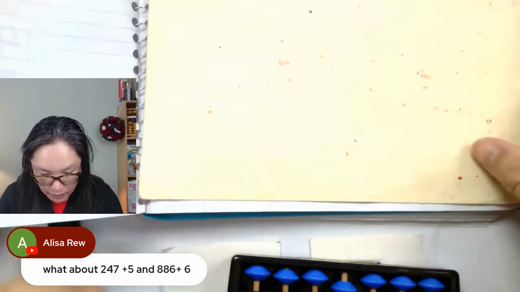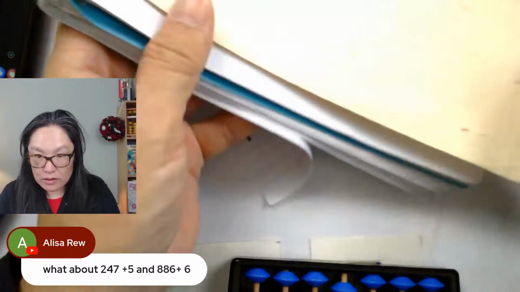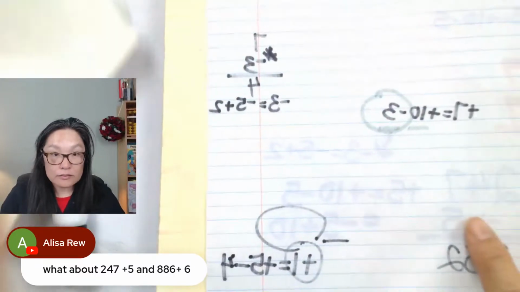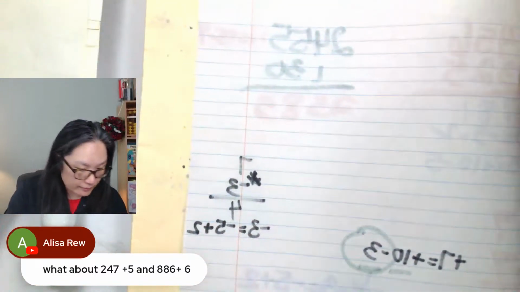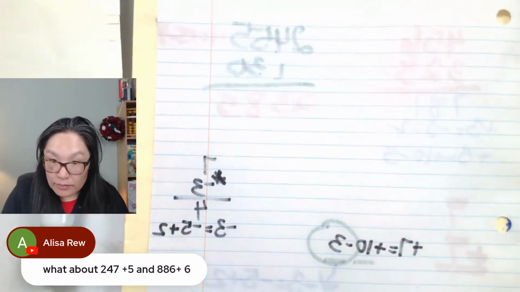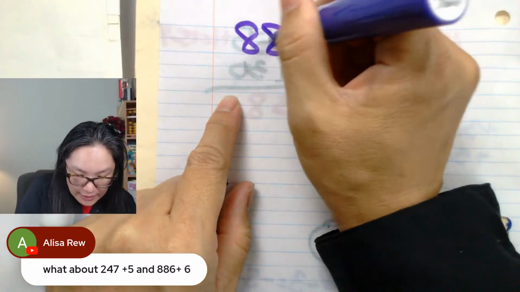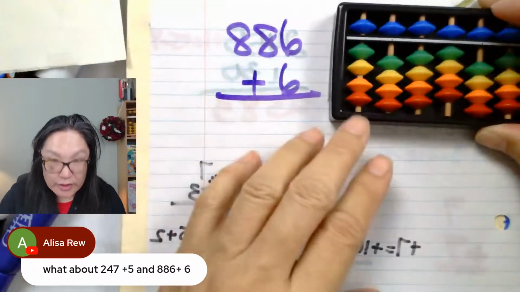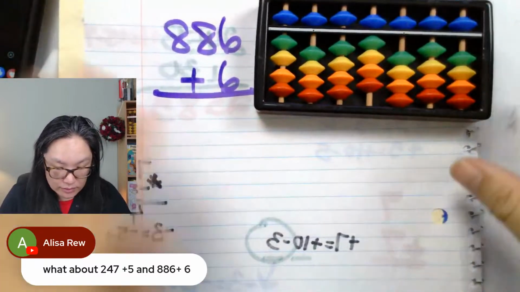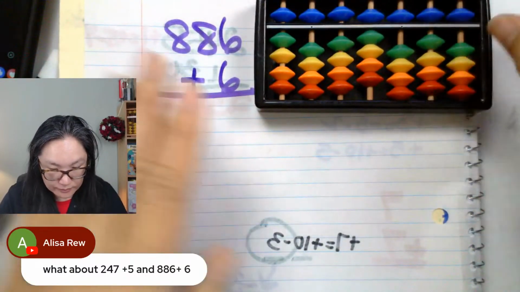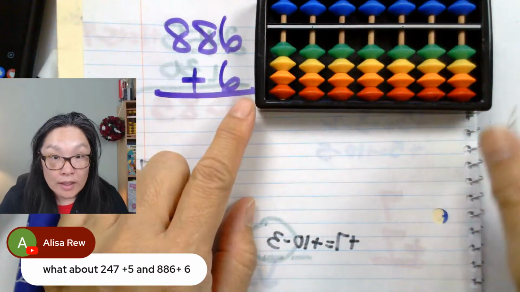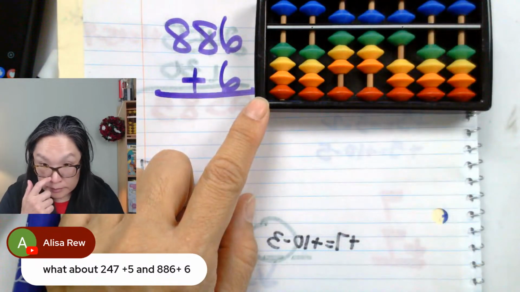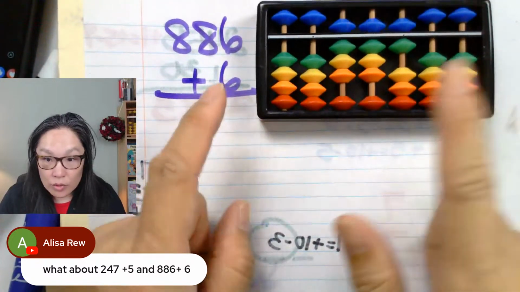So then my question here is, I have 886 plus 6. Now the question is, can I do that? Do I have enough?